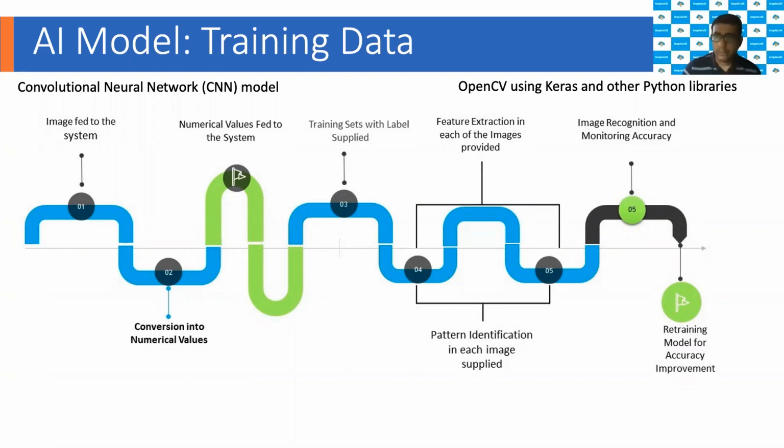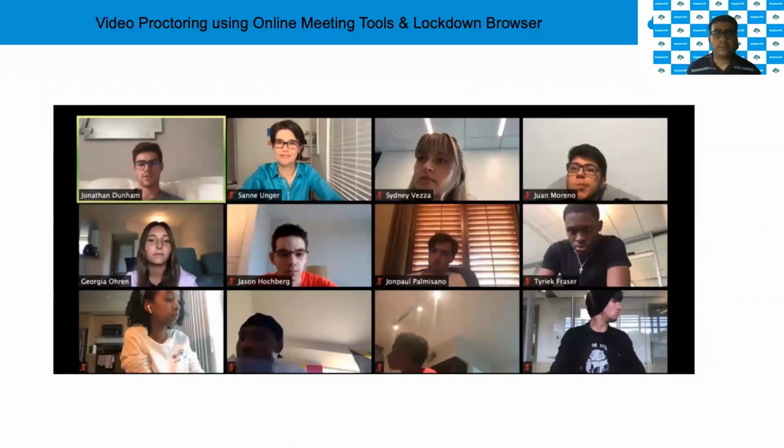Right. As I said previously, video proctoring using online tools, or lockdown browsers, play an important aspect, because it freezes your window to one application, which is the browser where you're giving the exam, and it doesn't allow the user to move any further or go to any other screen. So that's an important aspect.